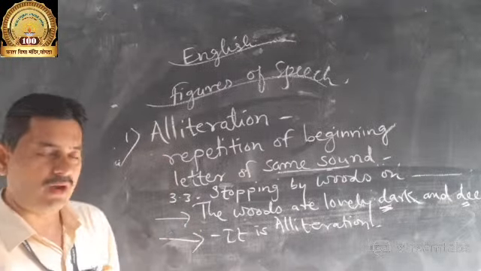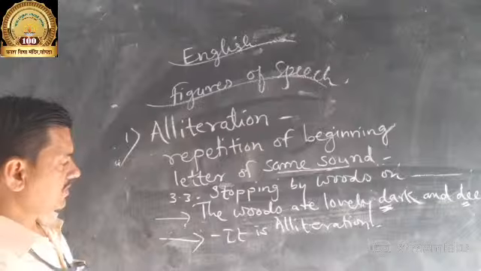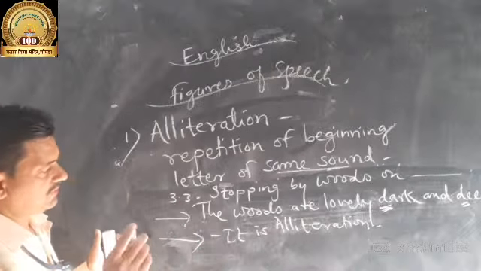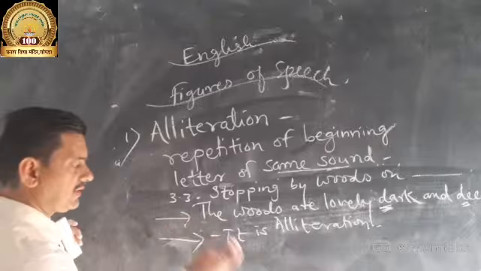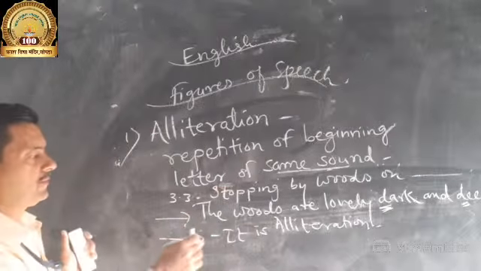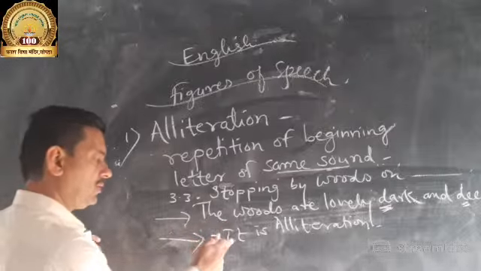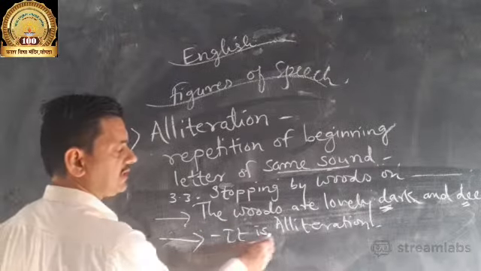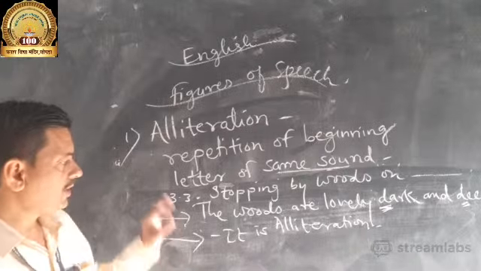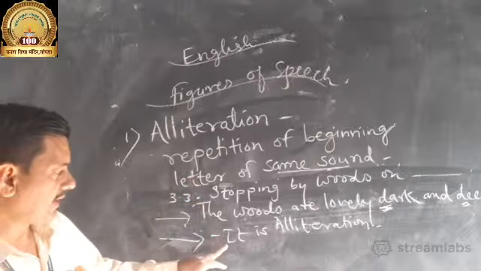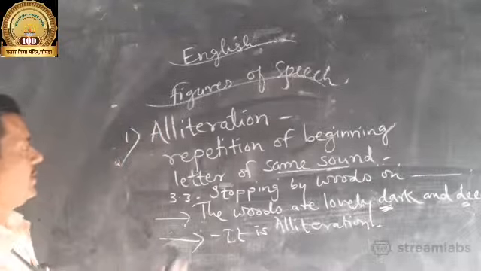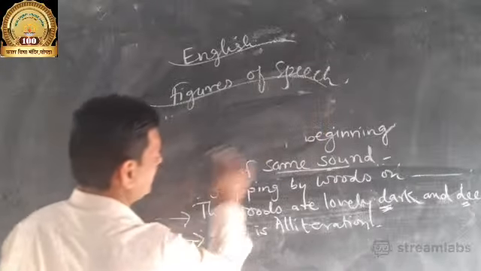So it is better for all of you to write down alliteration, and if you want to write the answer for that figure of speech, you can write down the line also. It is not compulsory for all of you to write down the line. You can write only that it is alliteration figure of speech. But it would be better if you write down the line and then write down the figure of speech. So it is better, I hope. So let me proceed to the next one.